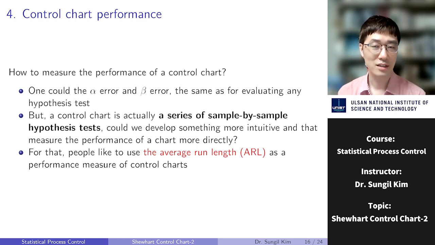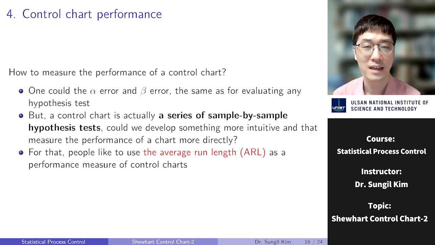The fourth question is how to measure the performance of a control chart. Considering that a control chart is actually a series of sample by sample hypothesis tests, we need a more intuitive and more direct measurement of performance. For that, people use the average run length, ARL, as a performance measure of a control chart.